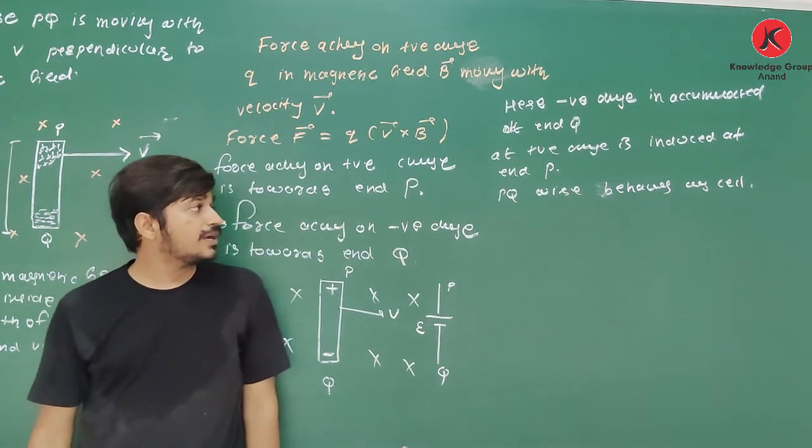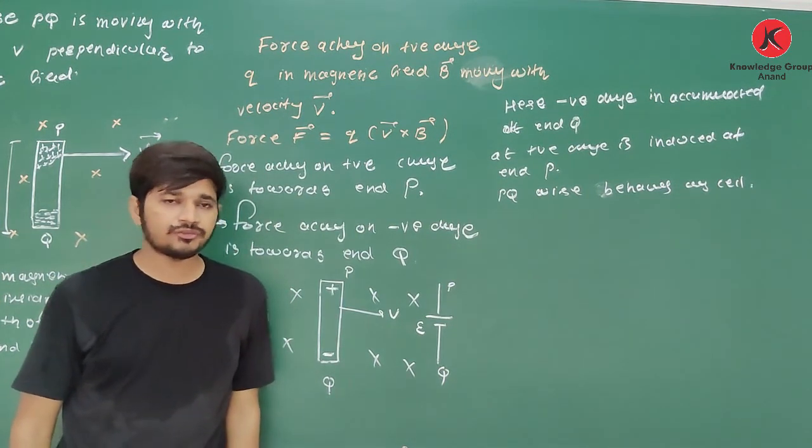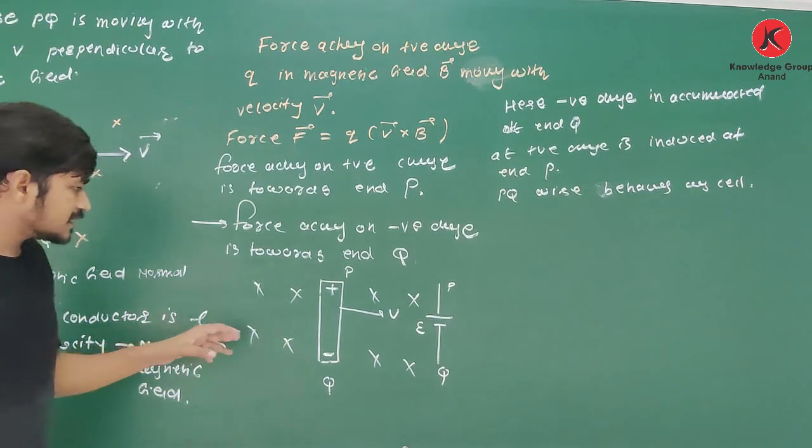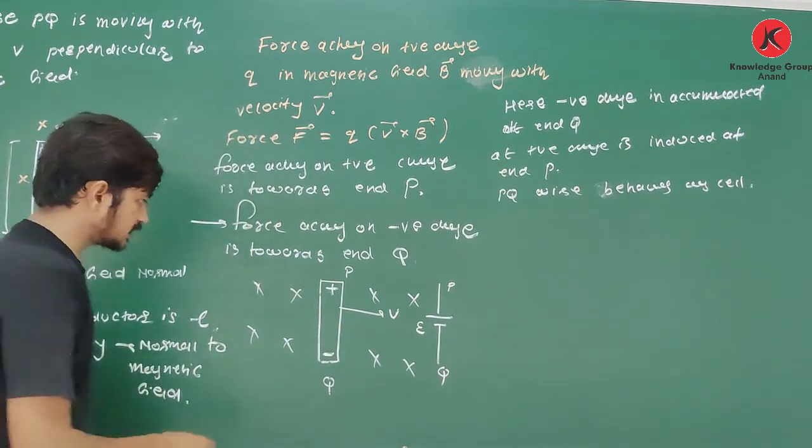So now what is the EMF? How to derive the equation of EMF? See here, in the conductor there are positive charges and negative charges.